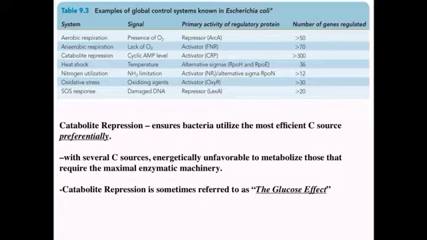How is it that bacteria have evolved to be able to make sure that they use glucose to the exclusion of every other delicious carbon source in their environment until glucose is completely gone from the environment? That's what the glucose effect is, also known as catabolite repression.